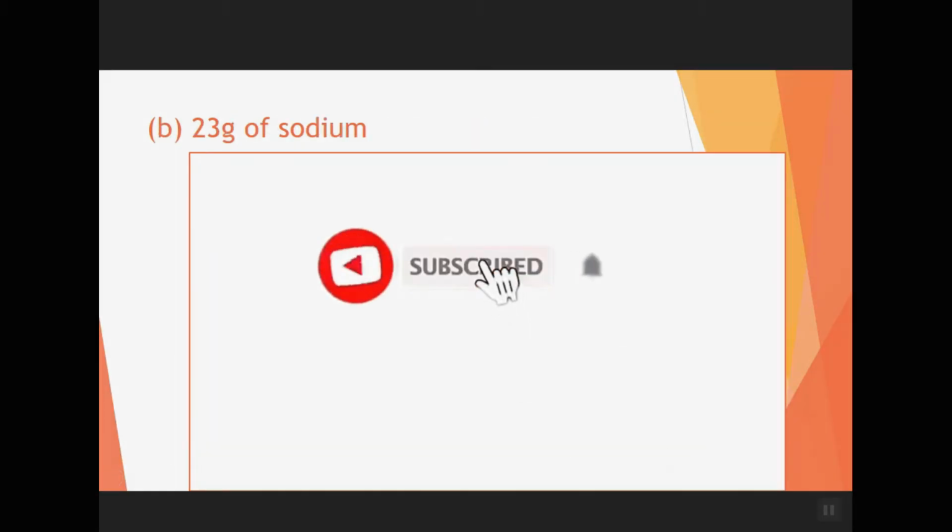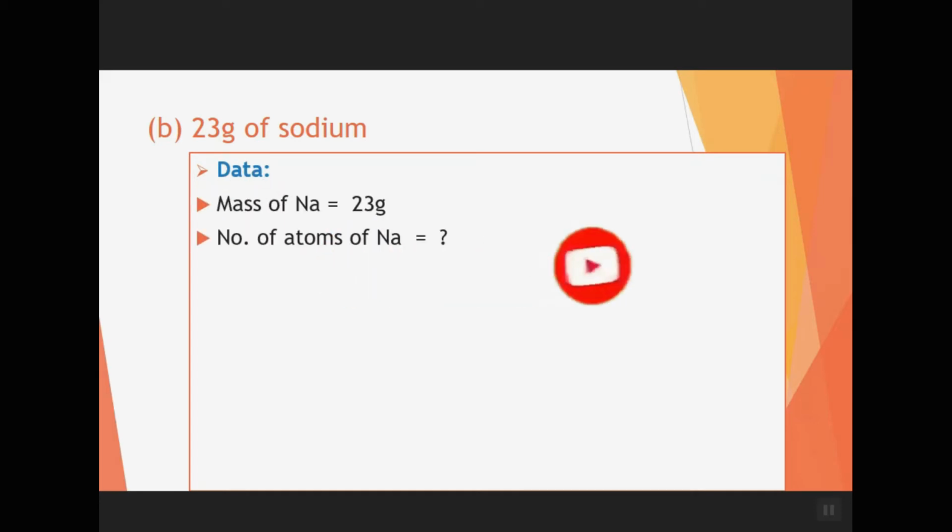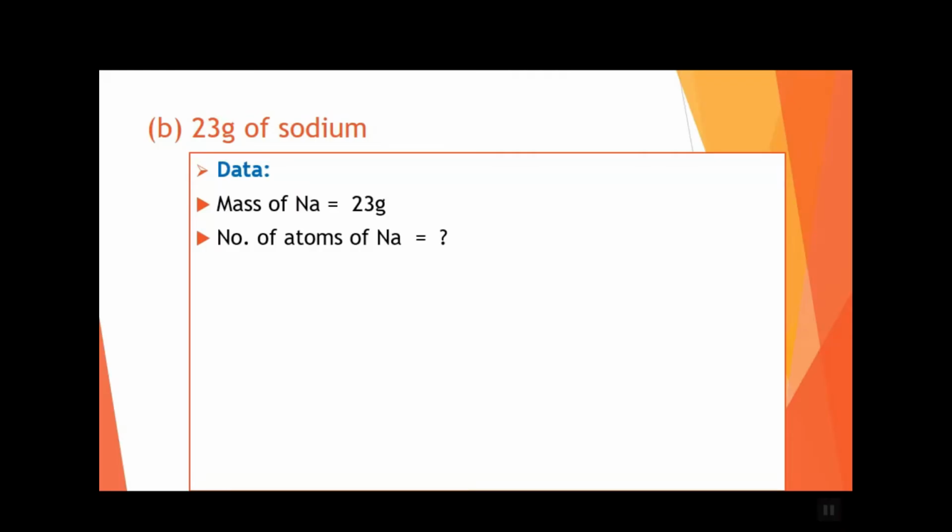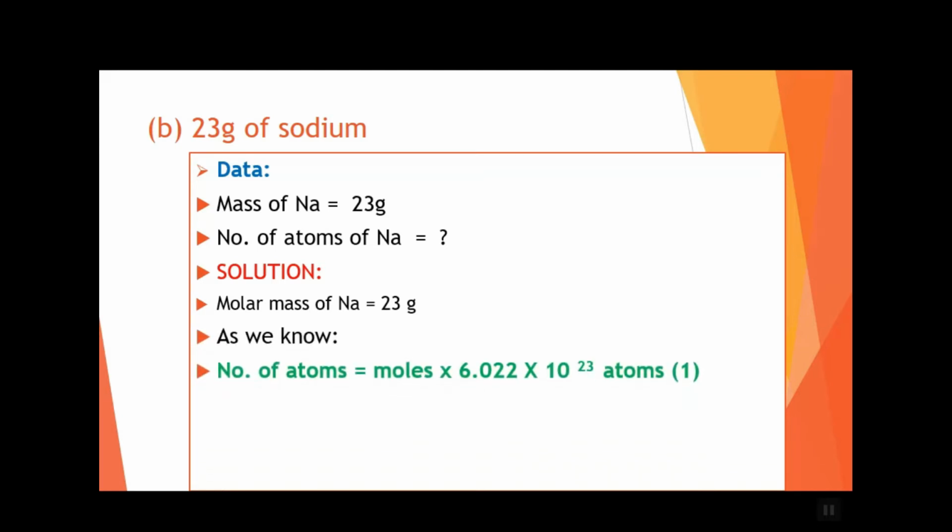Next, B, 23 gram of sodium. Our data is mass of sodium is 23 gram and the number of atoms of sodium we don't know. Our solution is molar mass of sodium is 23 gram and number of atoms is equal to moles into 6.022 exponent 23 atoms.